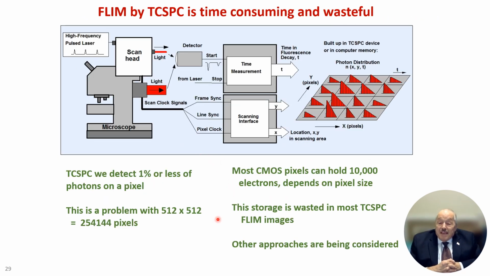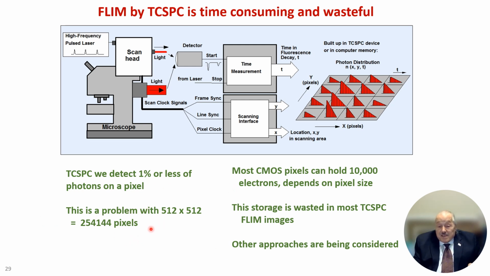Now here's a pretty damning statement. FLIM by time-correlated single photon counting is time-consuming and wasteful. And I'm not trying to beat up one of the companies, but this is just the way it is. You can only detect a small percent of the photons.